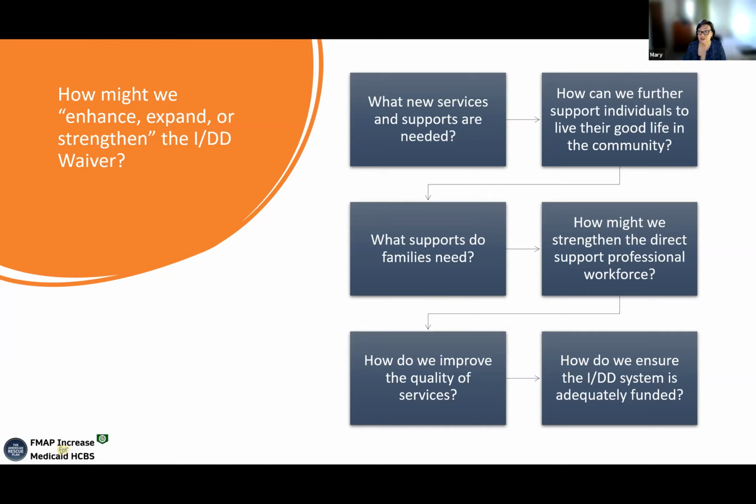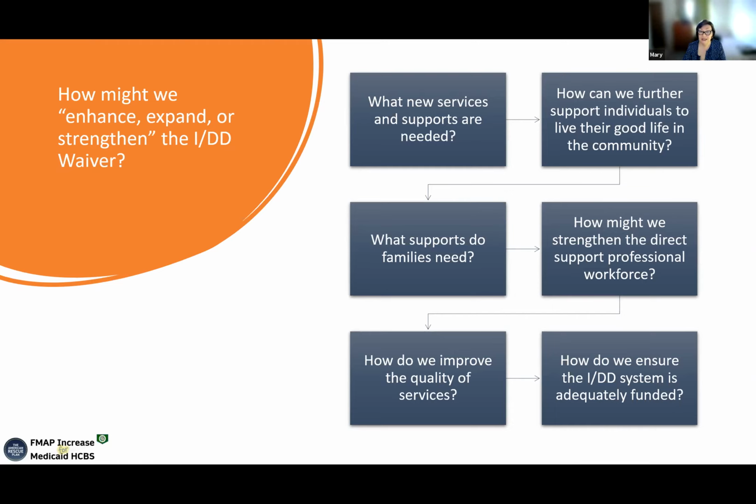what new services and supports are needed in our system? The next question is, how can we further support individuals to live their own good life in the community? What's missing? What do we need? What supports do families need? How might we strengthen the direct support professional workforce?